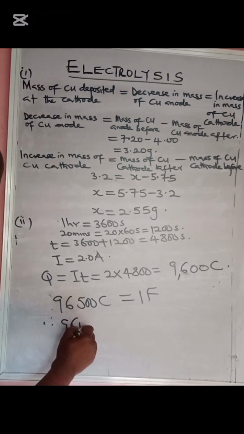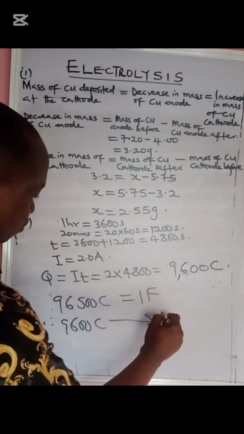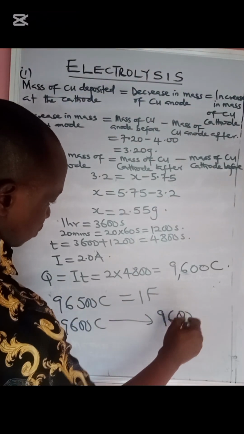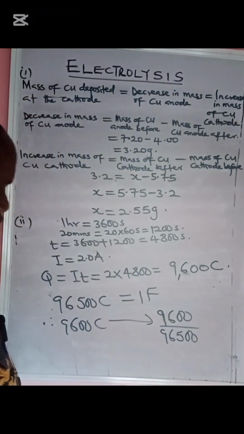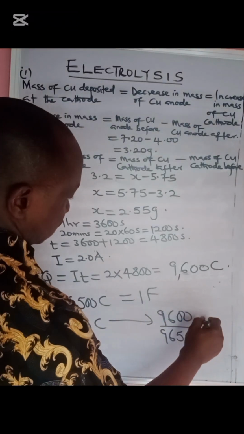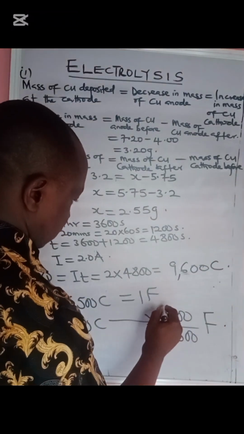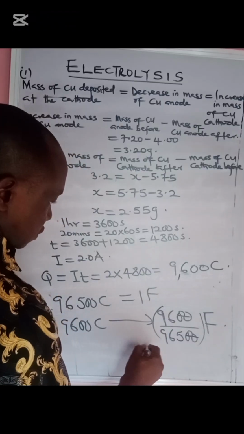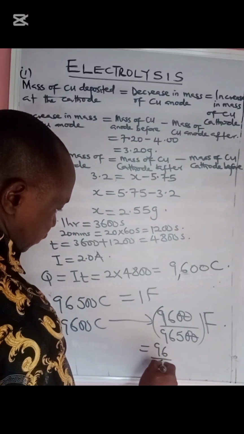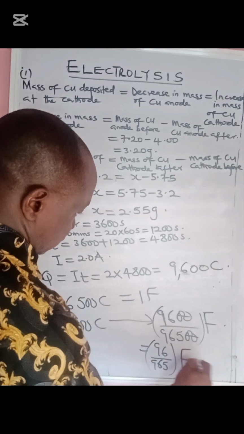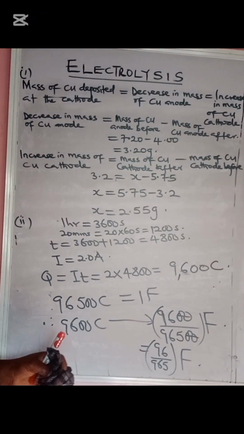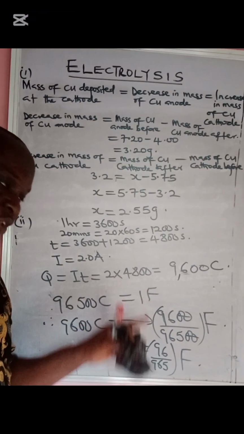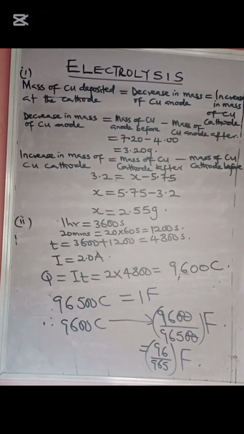Therefore, 9,600 coulombs is equivalent to 9600 over 96,500. When you divide this, it will give you the number of Faraday. So we have converted it from coulomb to Faraday. That is what we have to do.